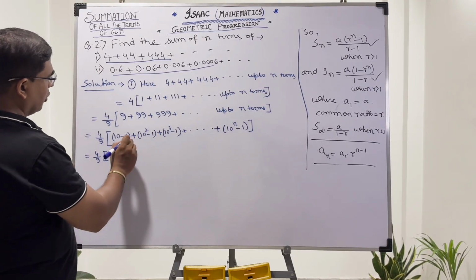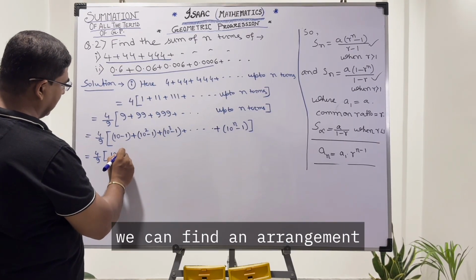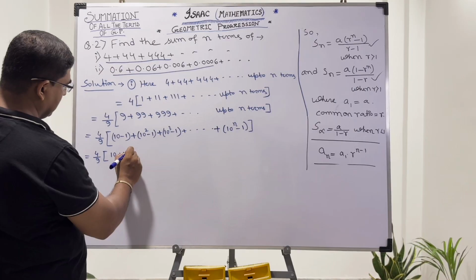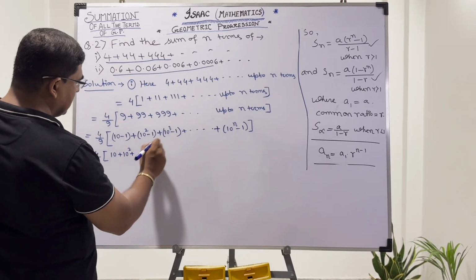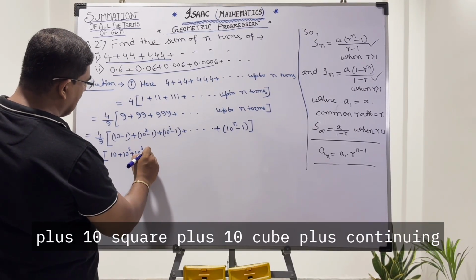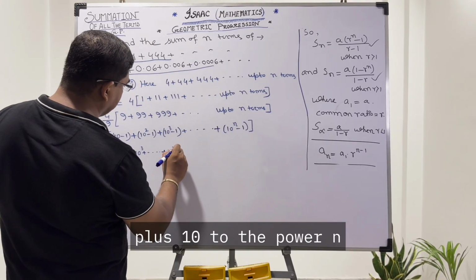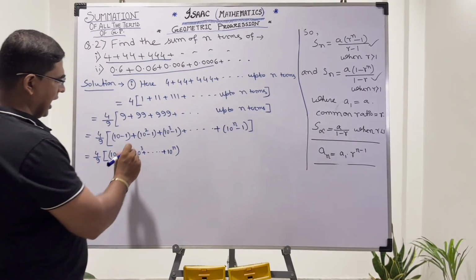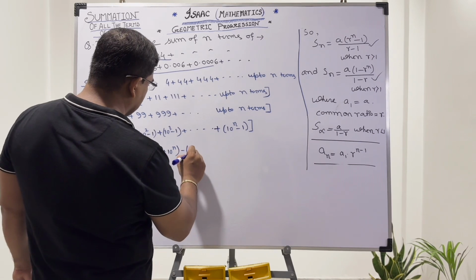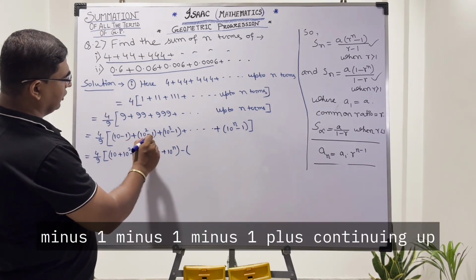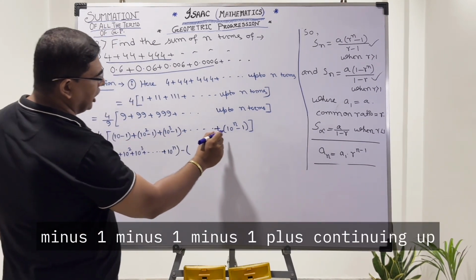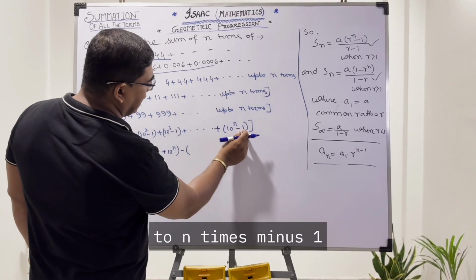Now, we can find an arrangement in this way. 10 plus 10 square plus 10 cube plus continuing plus 10 to the power n. And then minus 1, minus 1, minus 1 plus continuing up to n times minus 1.